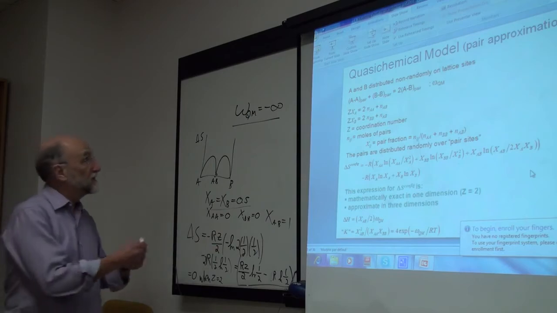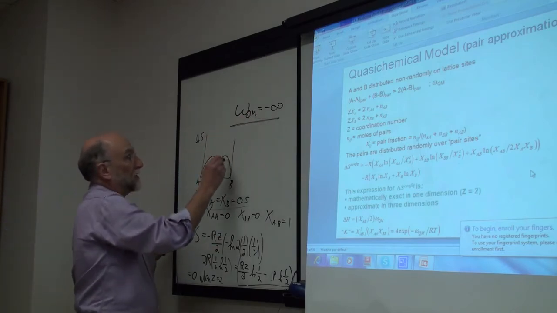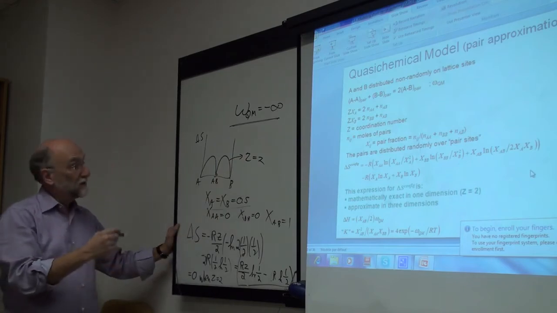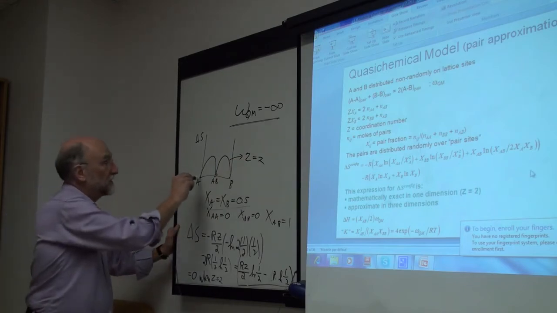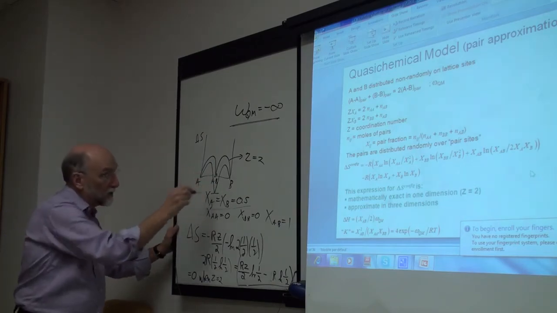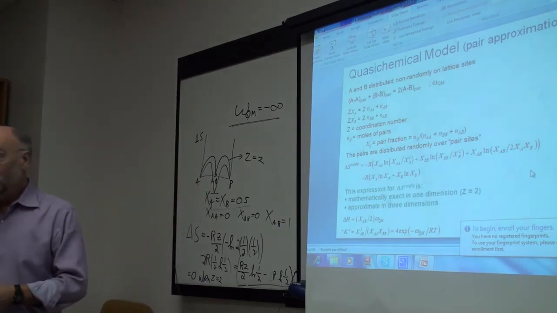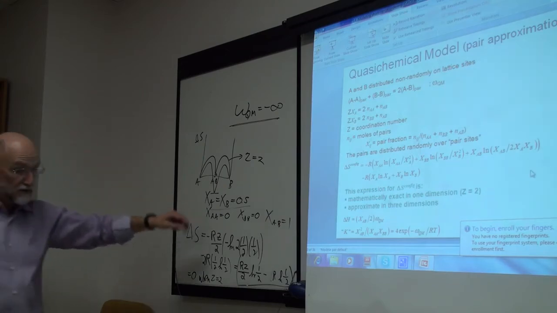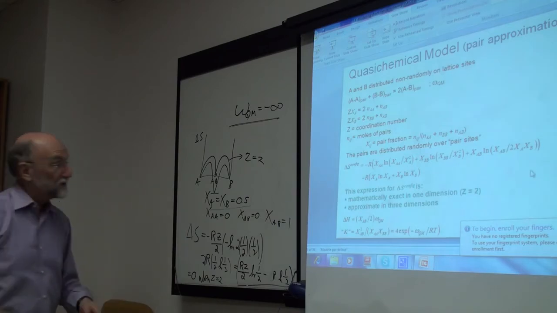So for omega equal to 0, this is what you get for Z equals 2. But if you had, for example, Z equals 6, then you would get a term that looks like that. You still get your minimum here, but you're actually getting a negative configurational entropy, which isn't correct. Z can't be less than 2.